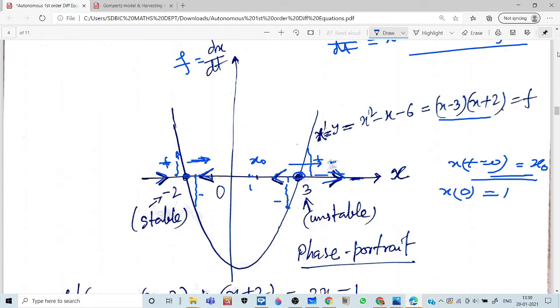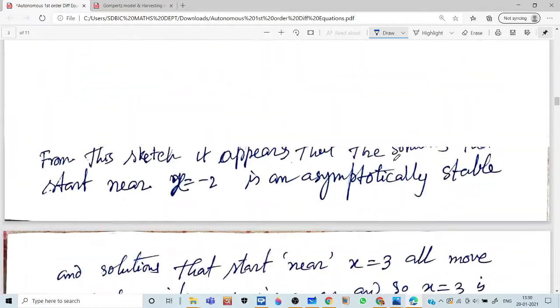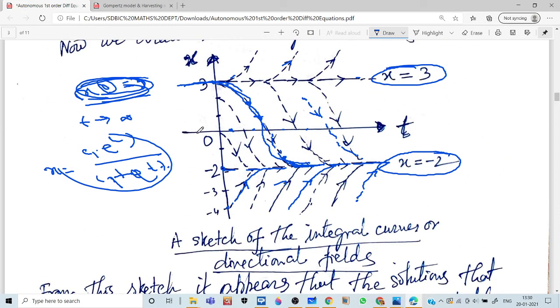Then you see that the solution trajectory goes to the point x is equal to -2. See this figure: x0 is equal to 1 is this point. Starting from this point, you get the solution trajectory this way, and as time t increases, this solution trajectory goes this way, towards x is equal to -2.